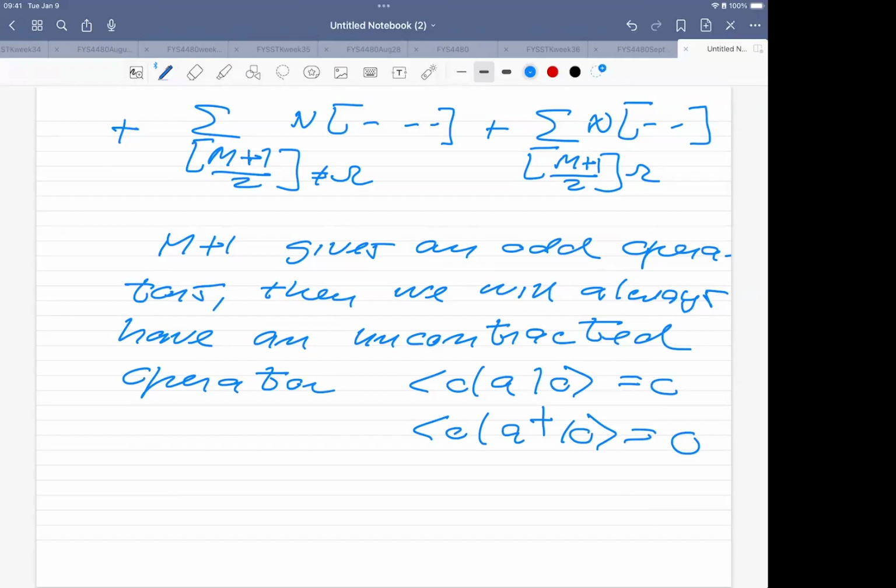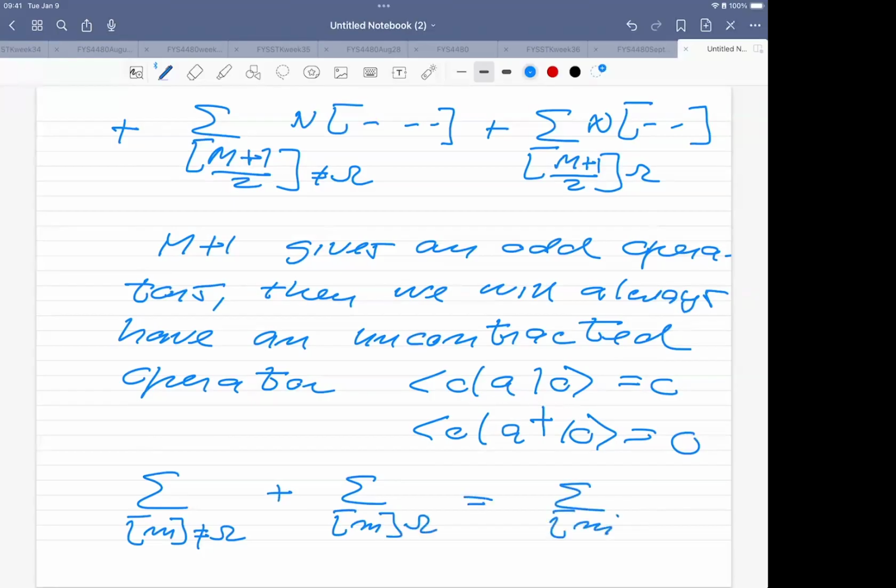Now, if you then look at the sums which we have here, if you now think of just a sum over this m, not including omega, plus a sum over all possible contractions here where you include omega. This is simply the sum over all possible contractions. Would you agree upon that? So in one case we excluded it.